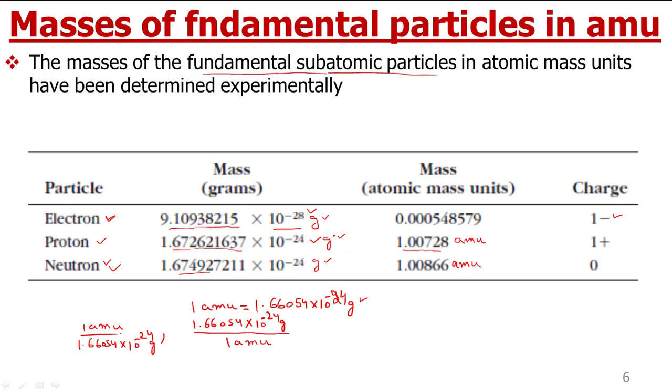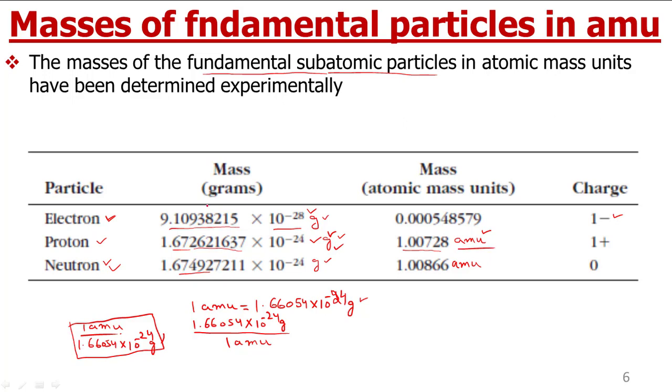Now we have to convert gram into AMU, so we need to use the conversion factor with the help of which we can cancel gram. This conversion factor will cancel gram and we will get the result in AMU.